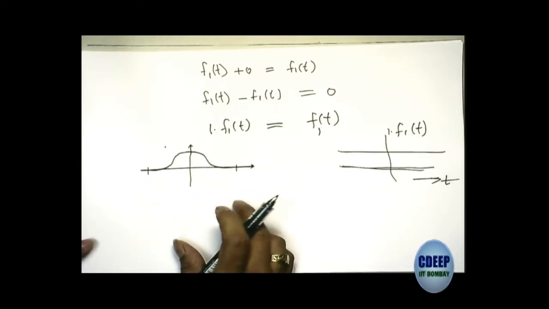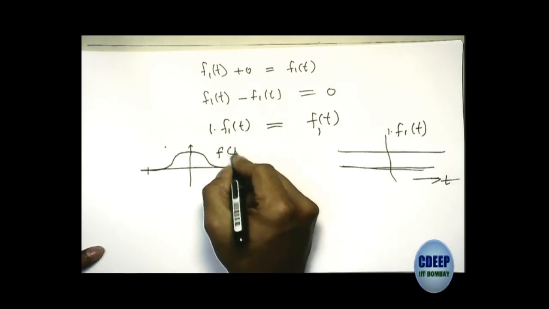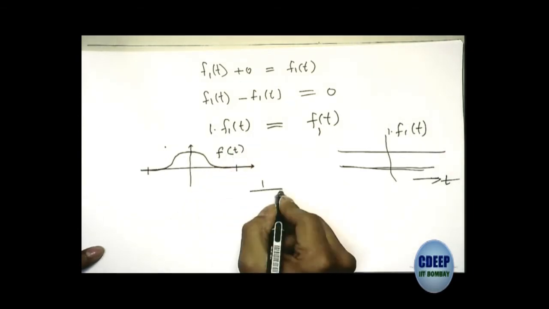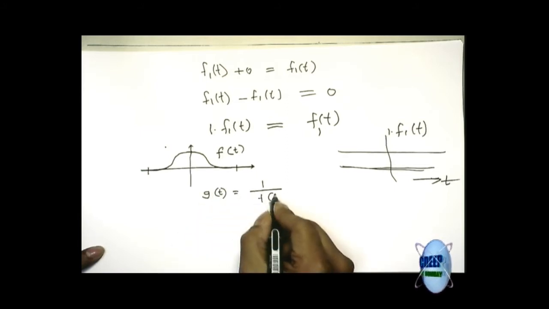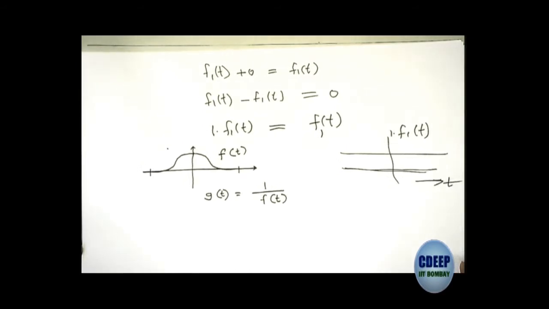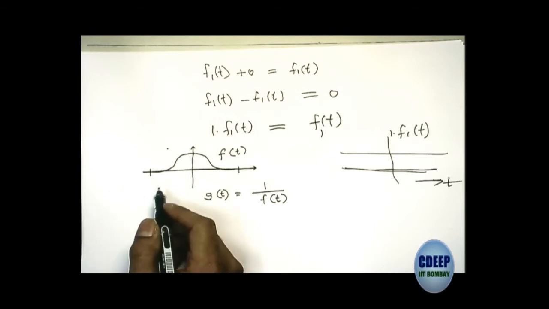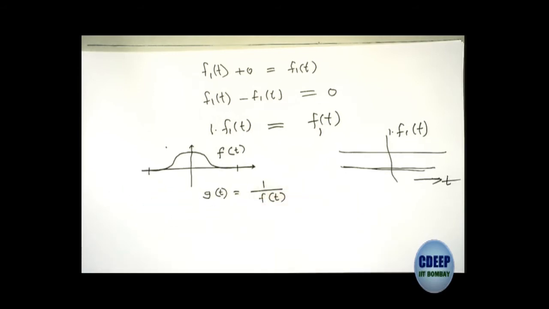Is this function invertible? If we call this function f of t, would it make sense to define g of t equal to 1 over f of t for all time? No, it is not defined, because there are some times for which it is 0, and at those points this function would be undefined.